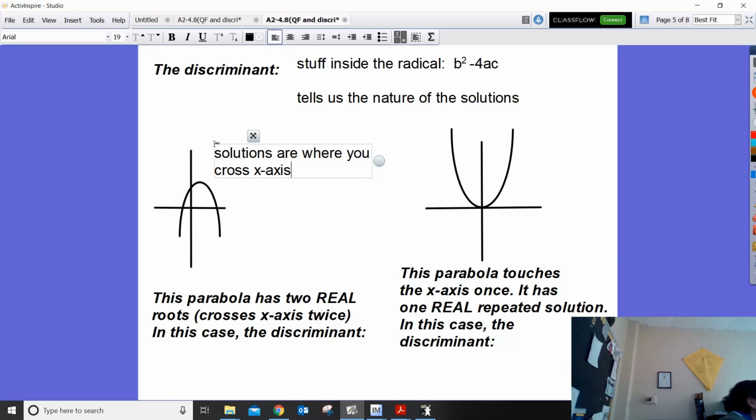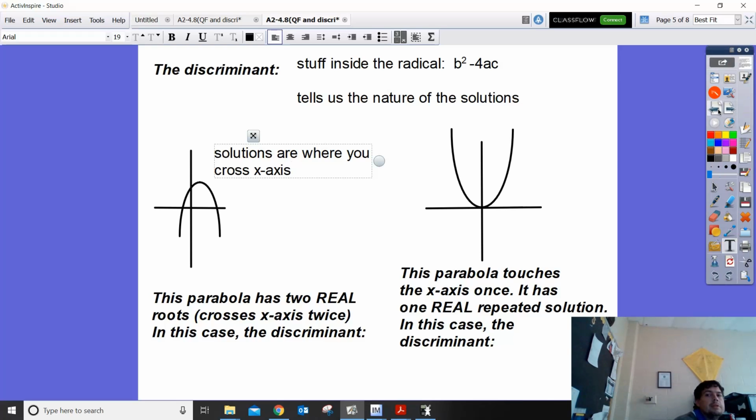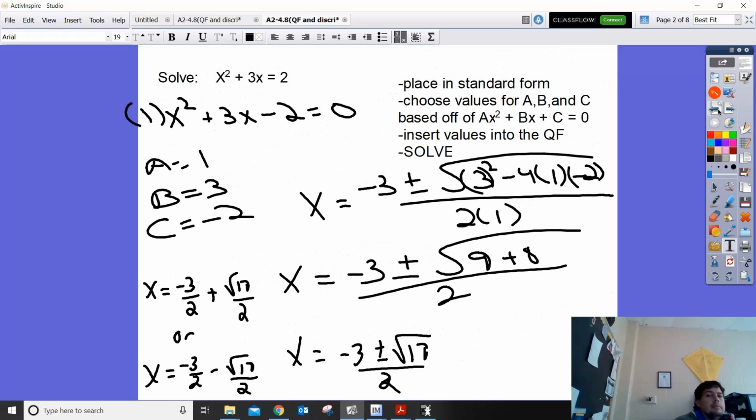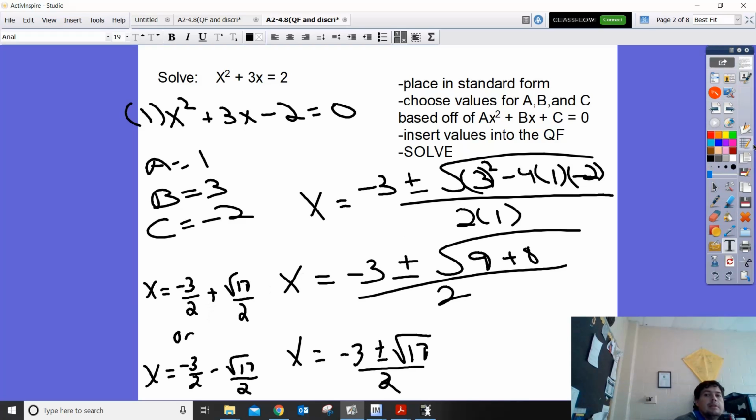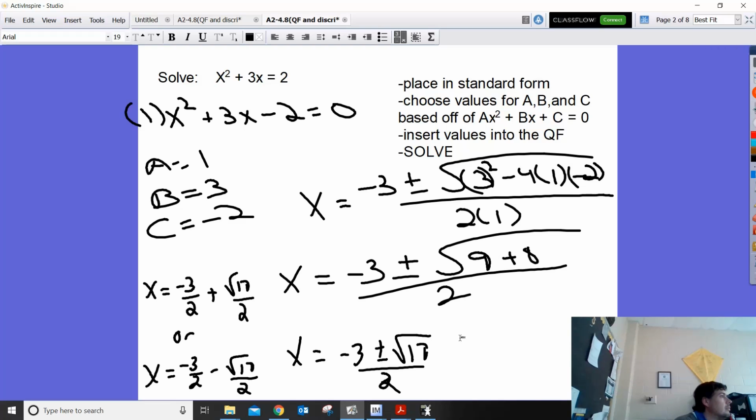That happens in a situation like the first example we did. Did that thing have two real answers? Even though they were radicals, weren't they real numbers? We go to a calculator, type it in, it gives us a decimal. So that happens when there's a positive number inside the radical.